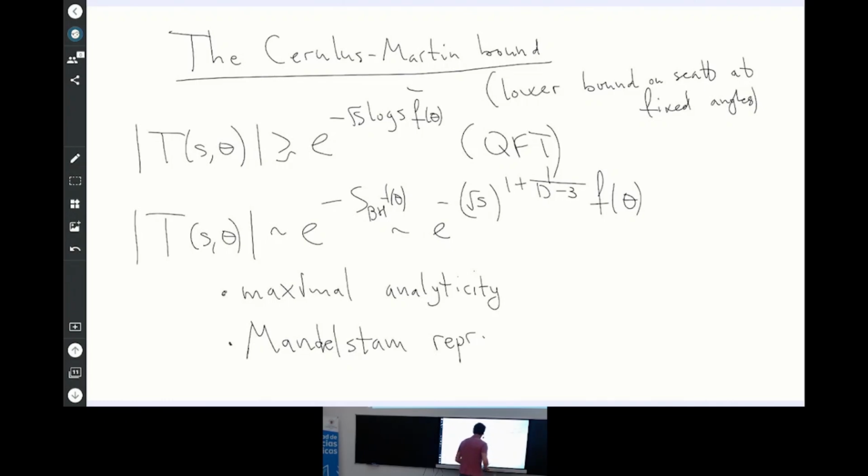By Mandelstam representation, I mean that this amplitude is polynomially bounded for any t on the principal sheet. So sometimes in derivation of a Mandelstam representation, you have to go to unphysical t's, which can be positive and large, and you still claim that the amplitude is bounded by a polynomial. This is an essential ingredient of this proof. So it's not a proof in QFT. It's a proof under these larger assumptions.